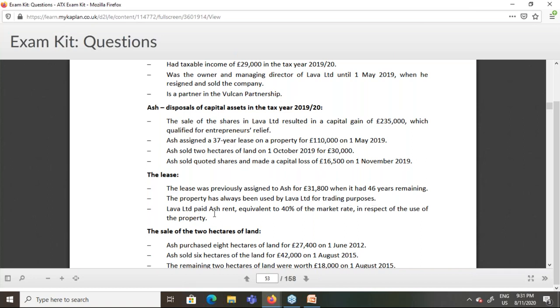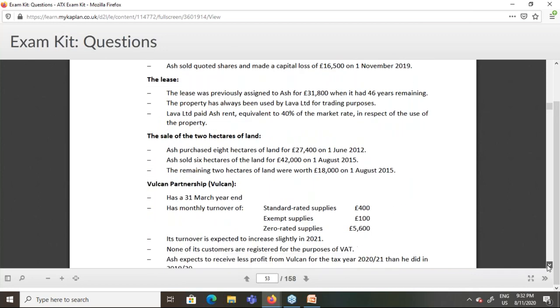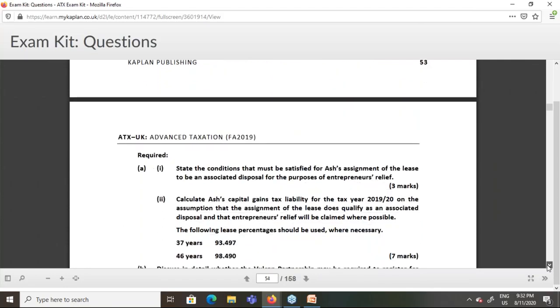Lava Limited paid Ash rent equivalent to 40% of the market value in respect of the use of the property. Okay. Now, what I read up to here will be adequate enough for us to answer part A.